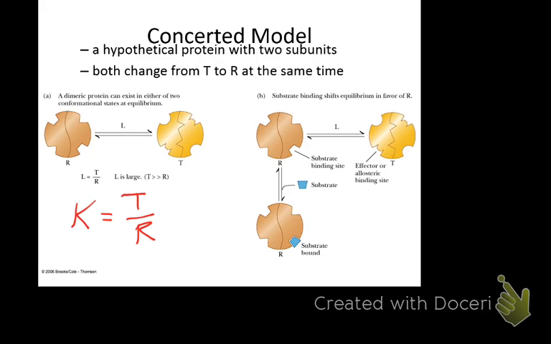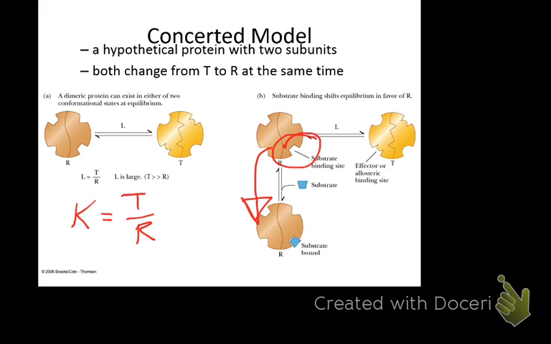Okay. And so what happens is in the absence of substrate, it's really high in favor of the T state. However, once you add that substrate, since it binds on the binding site, it's going to force the equilibrium down.